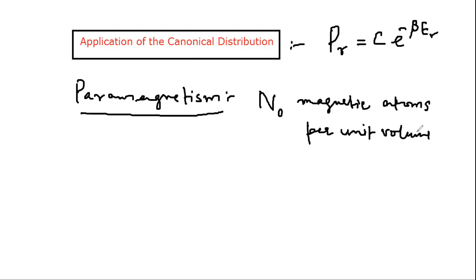So we take a substance which contains N naught magnetic atoms per unit volume. So this N naught is the number density of the magnetic atoms in the substance under consideration.